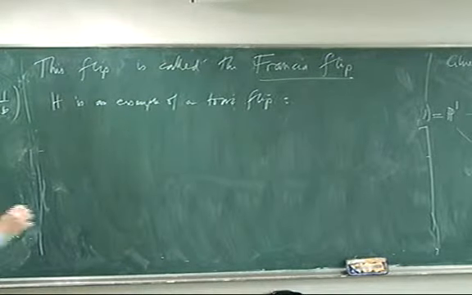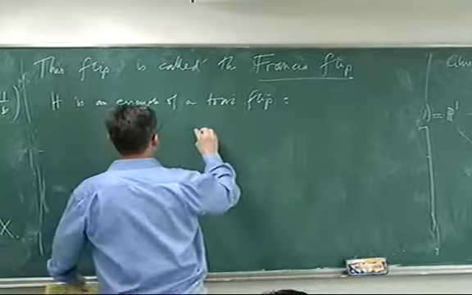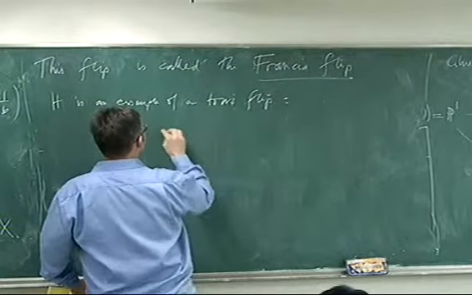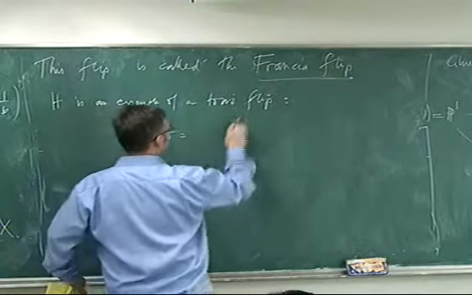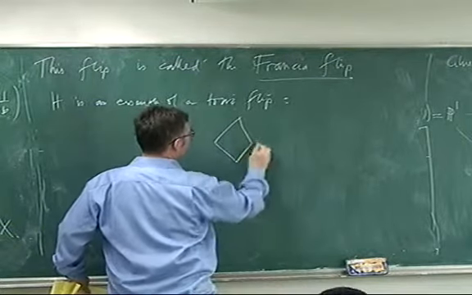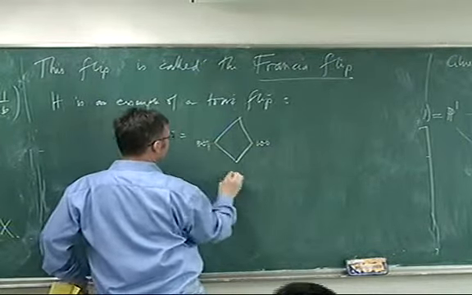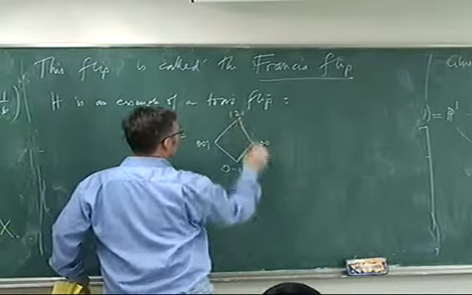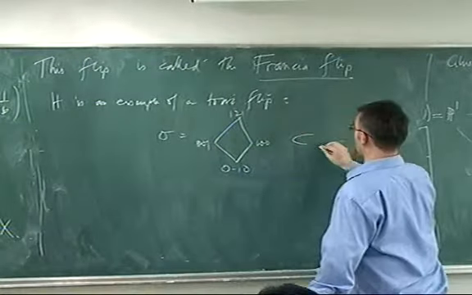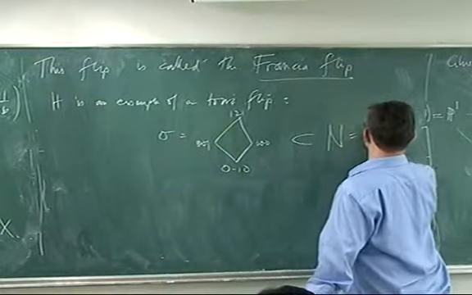I'm not going to explain toric geometry, but if you know toric geometry, let me just say this: sigma is the cone with generators 1 0 0, 0 0 1, 0 minus 1 0, 1 2 1 in N, which is Z3.